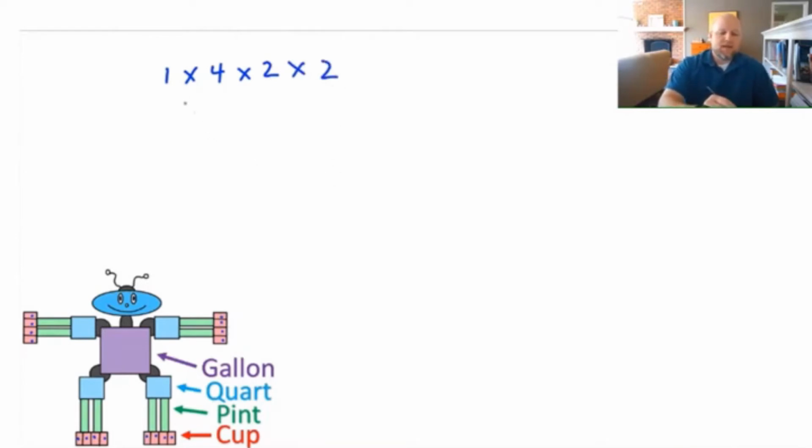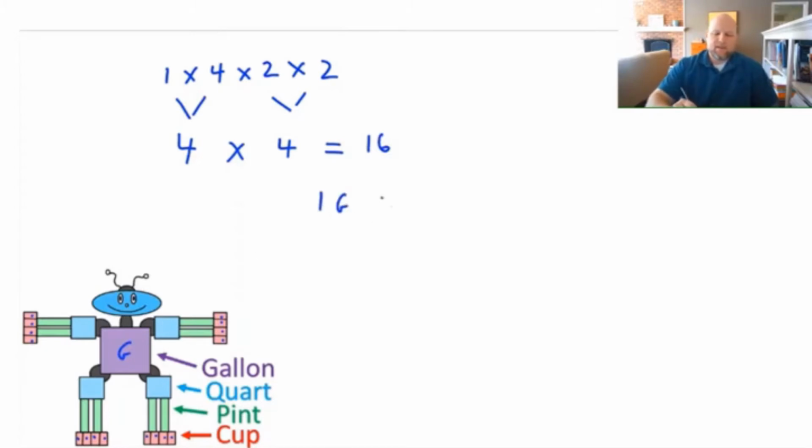We'll do this one first: 2 times 2 is 4, then we'll multiply that, and that equals 16. So 1 gallon equals 16 cups.